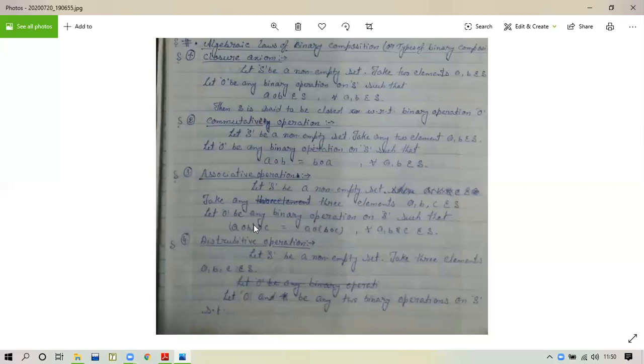Whatever we got, if these two are same, then we can say that the binary operation is associative with respect to the composition.